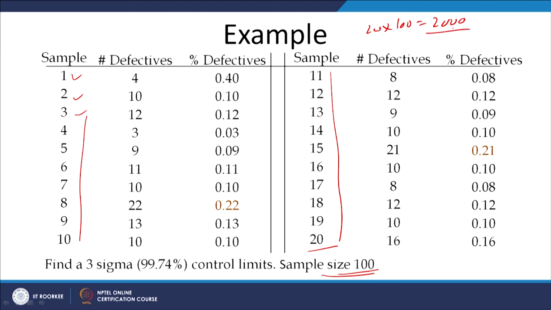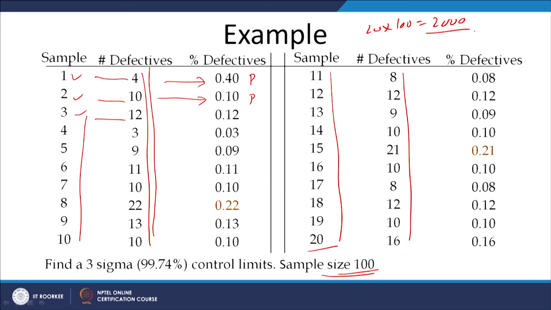2000, and then it is showing the defective items or non-conforming items in each sample like this, and then the fraction of the defective items. So, these are basically P values, and when we make the sum of all these defective items divided by the total number of the items inspected, then that will be giving us the P bar value.